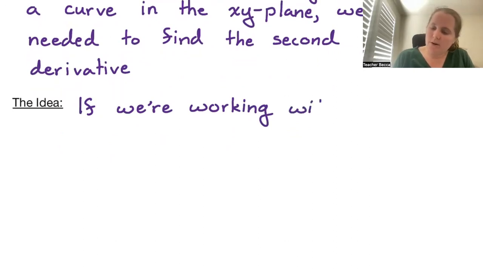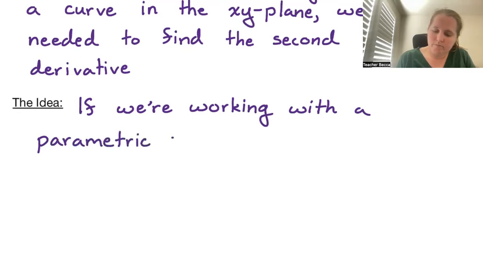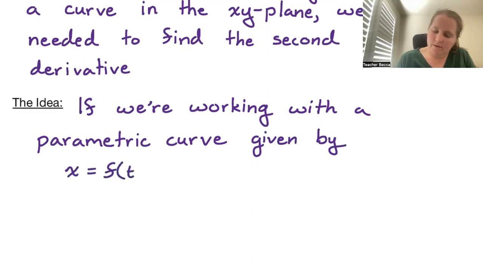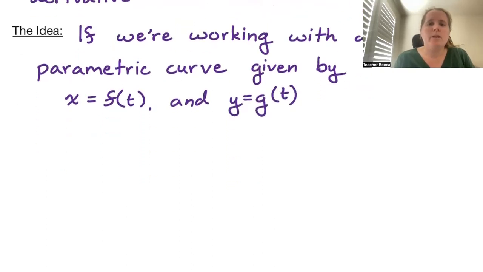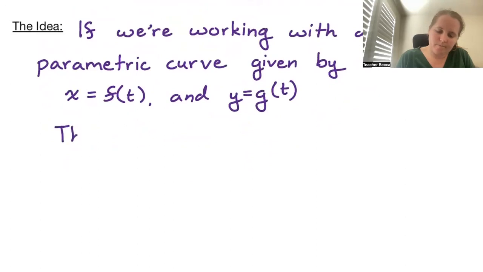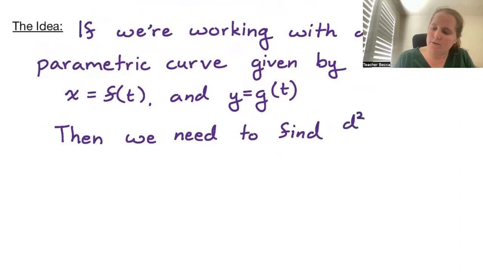If we're working with a parametric curve given by x equals f of t and y equals g of t, then we need to find the second derivative, so d squared y dx squared.